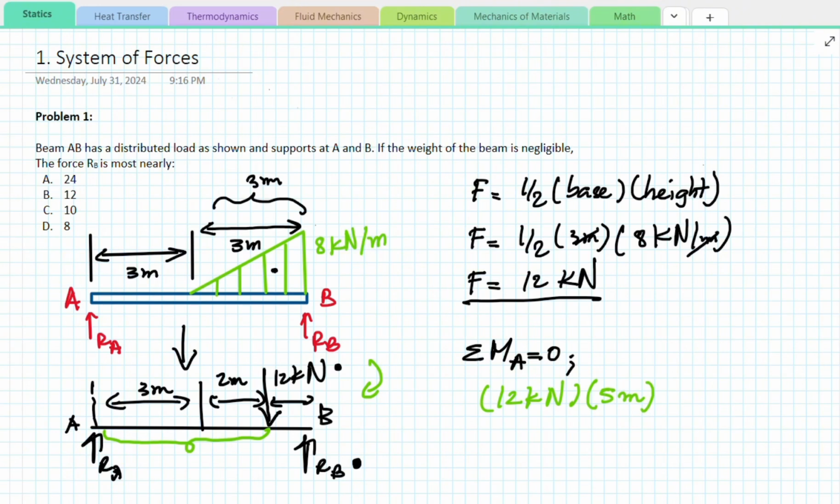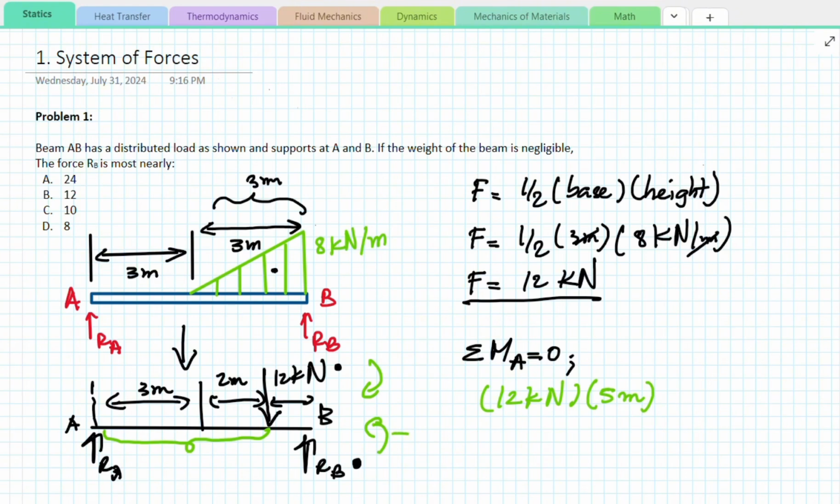For instance, since we're choosing a clockwise moment to be positive, that means that a counterclockwise moment will be negative. That being said, we have 12 kilonewton times 5 meters, and the reaction force at point B is going to yield a counterclockwise moment, so that will make it a negative one.